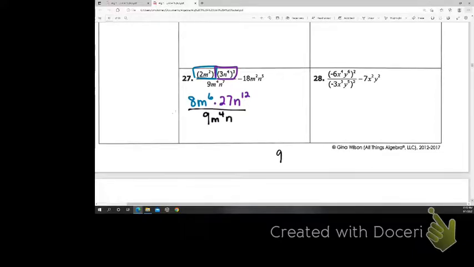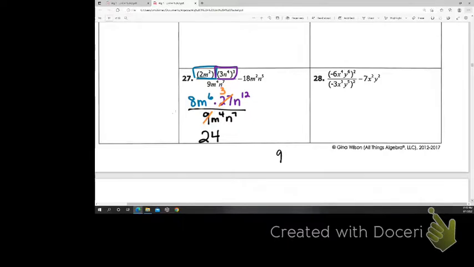Now, you can multiply 8 times 27, but if I didn't have a calculator in my hand, I would prefer to do this. I mean, personally. I'm going to take the 9 into the 27 and then just do 8 times 3. So then I have 8 times 3 is 24.